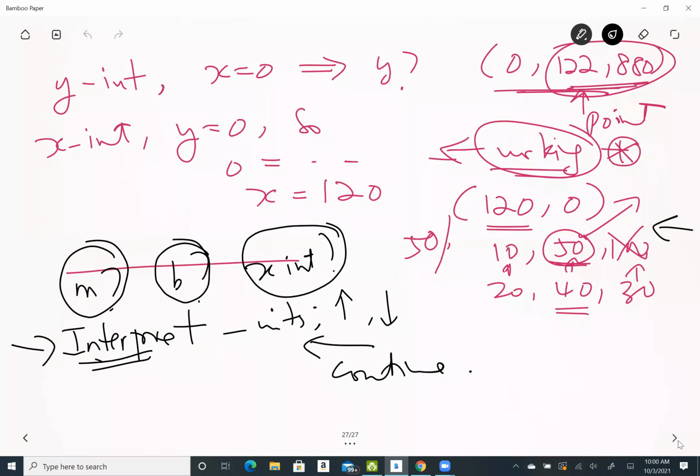I would like to look at the concept of slope as per that example. So how do we interpret the slope? And then how do we interpret the intercept, the y-intercept, and of course, the x-intercept.